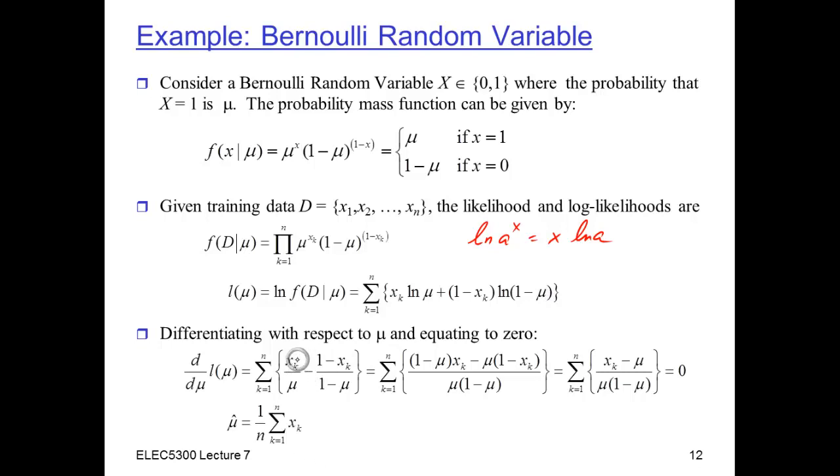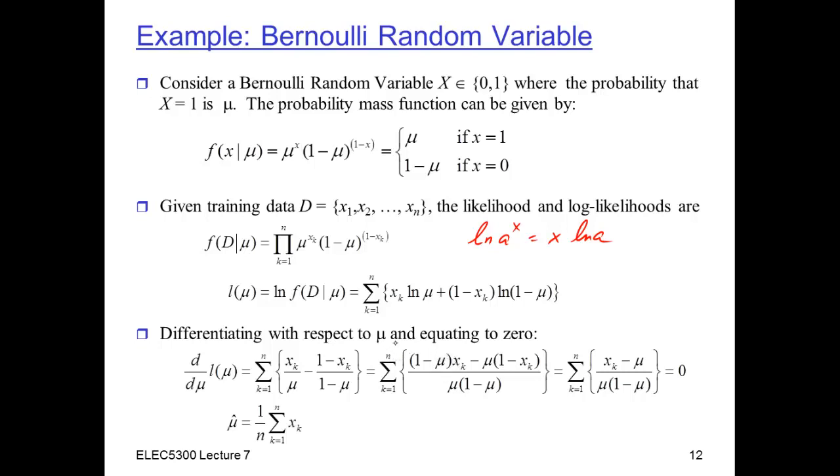Now what I'm going to do is set this thing equal to 0, but before I do that I have to do a little bit of manipulation of the thing that I got. I want to put the two things here on top of the same denominator, mu times 1 minus mu. And so in order to do that, I multiply this by 1 minus mu, and I multiply this thing here by mu, and then I add them together with the minus sign here, so I get that.